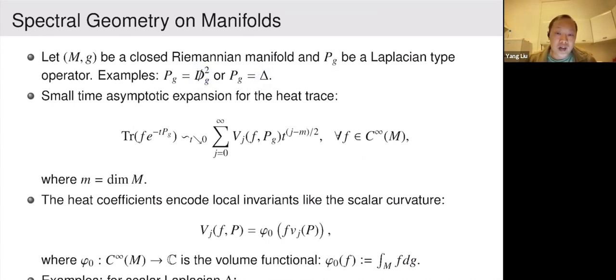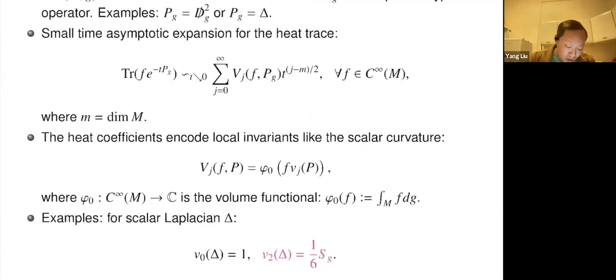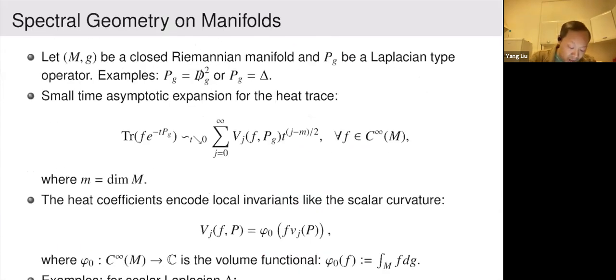Then to get local invariants, we can look at the small-time asymptotic expansion of this heat trace. We can view each coefficient as a functional in f.